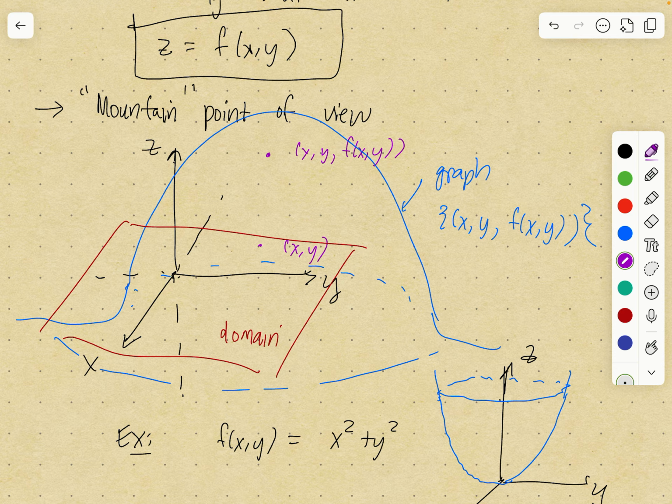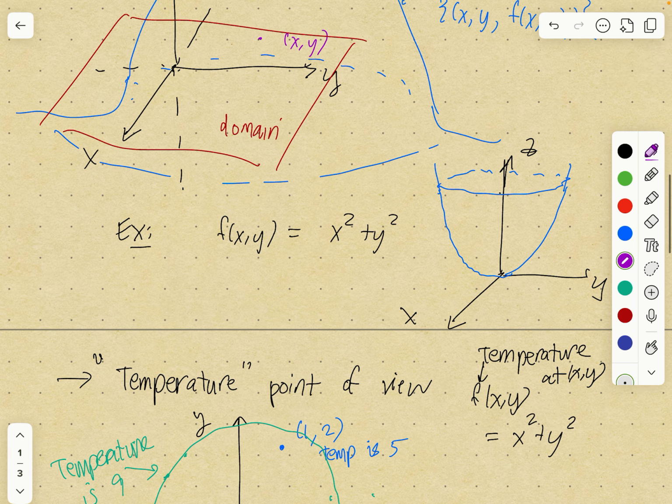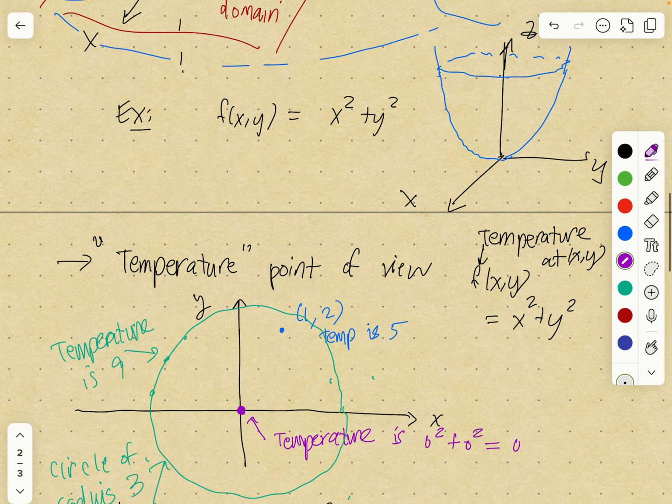So we've seen that the gradient of a function points in the direction of steepest ascent or steepest increase. So what a lot of people say when they're explaining this is, okay, let's go back to this paraboloid example.